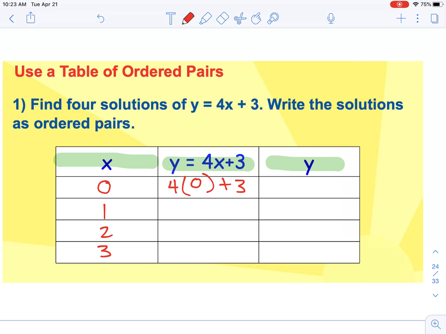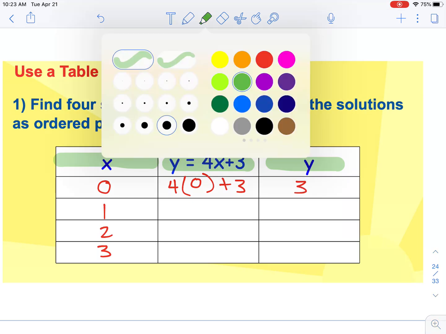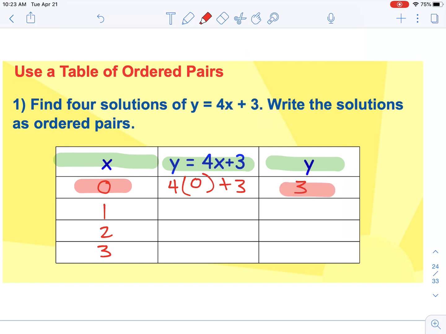And that's going to give us our y value. 4 times 0 is 0, plus 3, which is 3. So now we have our x value and our y value. We can now write our ordered pair. So our x is 0, our y is 3.